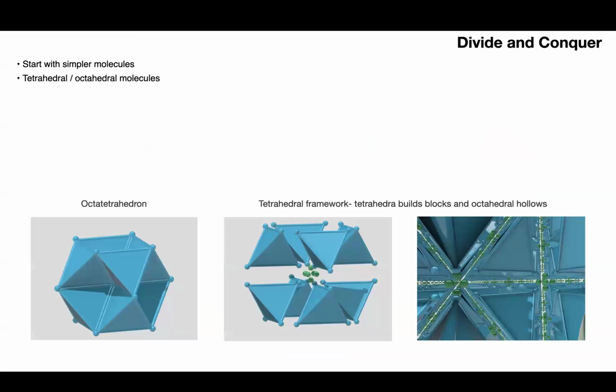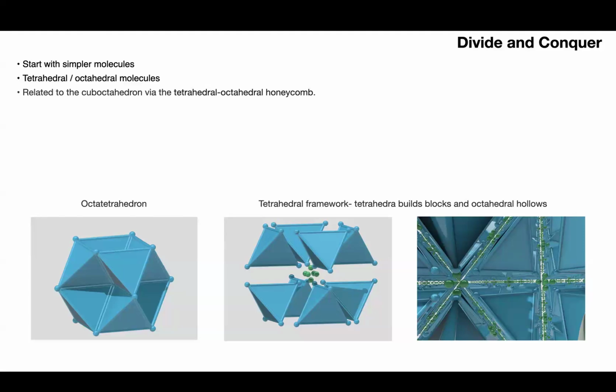We also heard the strategy of divide and conquer on Monday. So I use that, and it's maybe simpler to start with simpler molecules like tetrahedra or octahedra. The tetrahedra and octahedra are connected with the cuboctahedron via the tetrahedral-octahedral honeycomb.